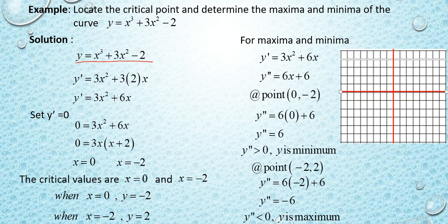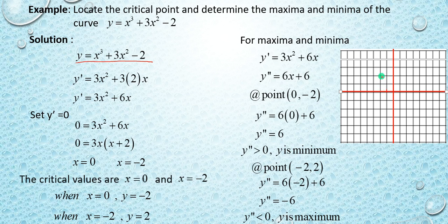So we plot the curve to find whether it's a real maximum and minimum. So we have negative 2 and 2. We call it phase 1 and 2, that is negative 2 and 2.